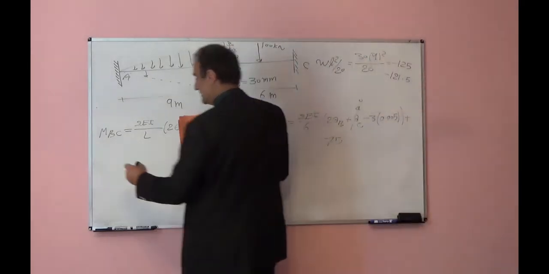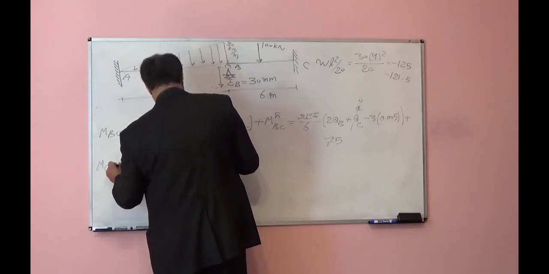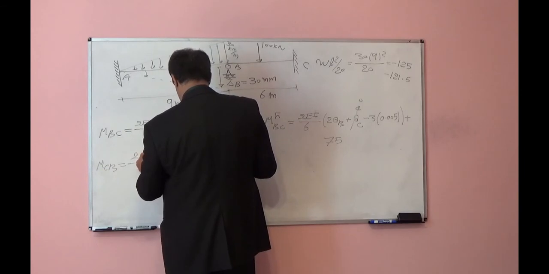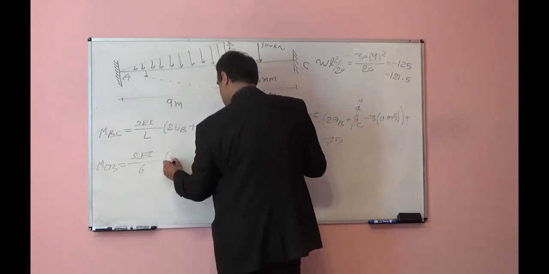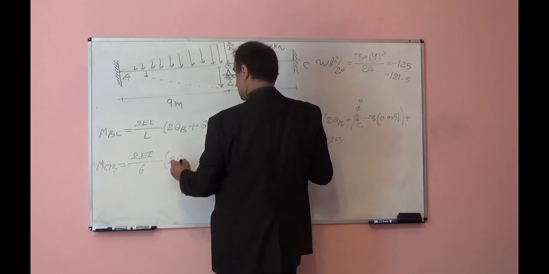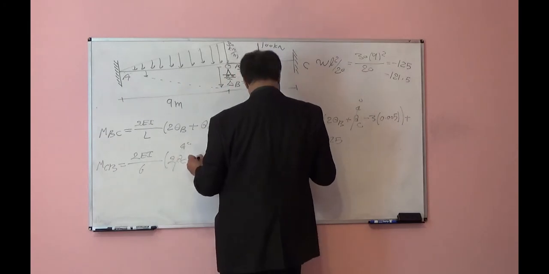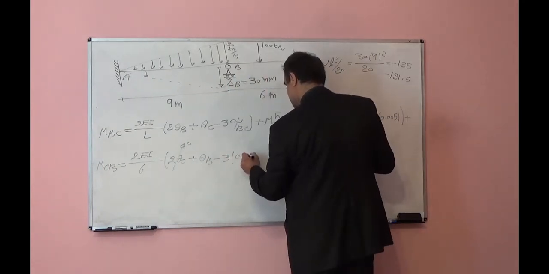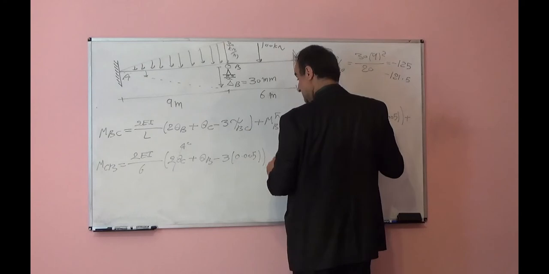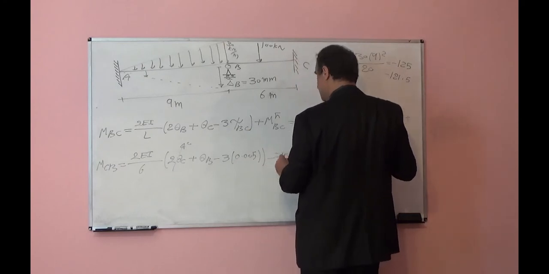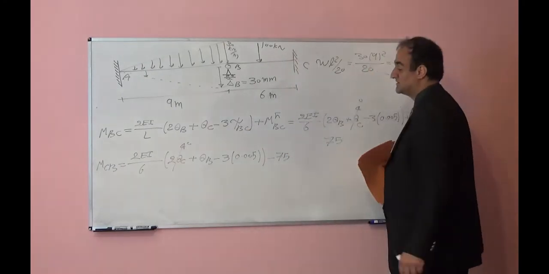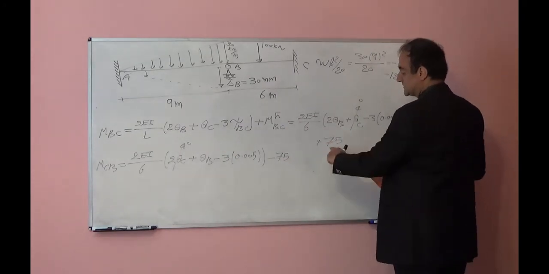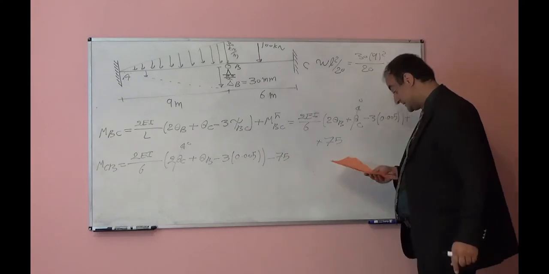For M CB you can write 2EI over 6 times 2 theta C, again theta C is equal to 0, plus theta B, minus 3 times 0.005 radian, this time minus 75. This is M fixed BC, M fixed CB. This is counterclockwise positive, clockwise negative.